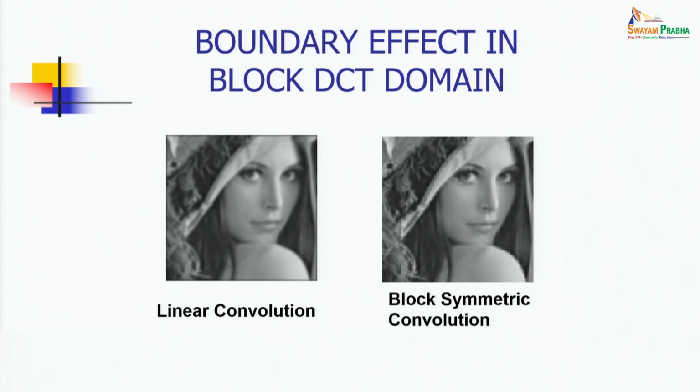Here we can see the original image, which is actually a part of the Lena image. It has been convolved using a Gaussian filter response, a Gaussian impulse response, with certain standard deviations and some parameters which are not specified here. We have done only linear convolutions there.